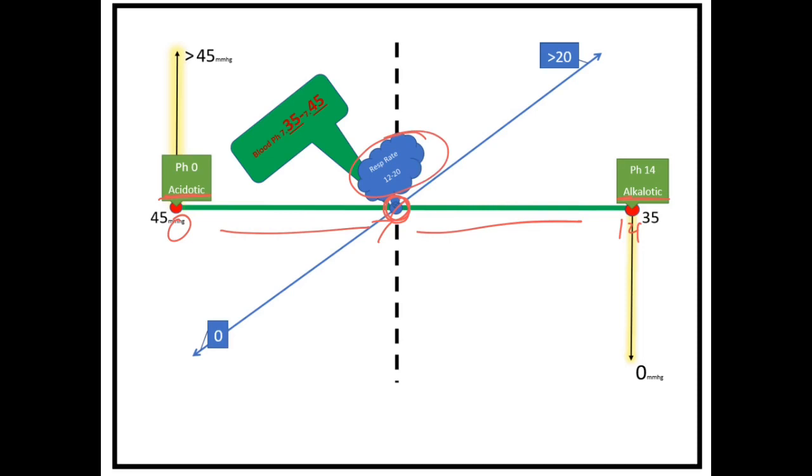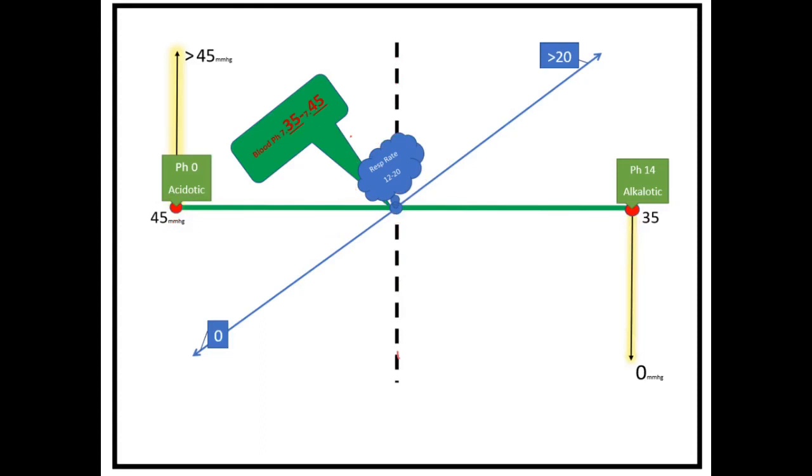Our normal respiratory rate is 12 to 20. So we put another dot here in the middle. We had our 7.35 to 7.45, and we had our 12 to 20 there in the middle. That's where we had our dividing line going down the middle.